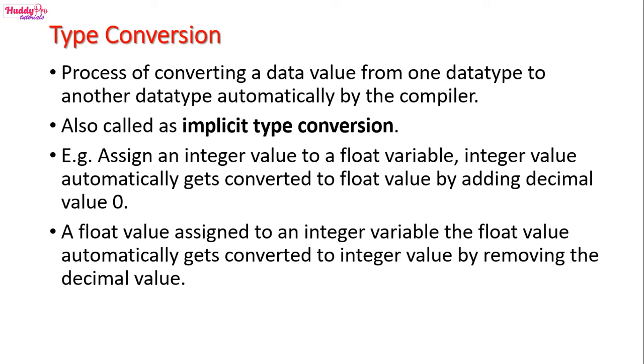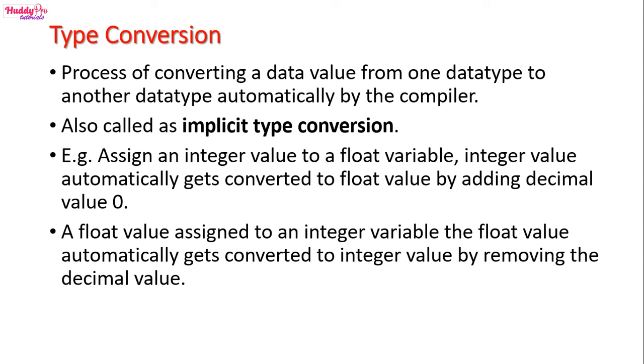Sometimes type conversion is also called implicit type conversion. We call it implicit type conversion because this conversion is done automatically by the compiler.